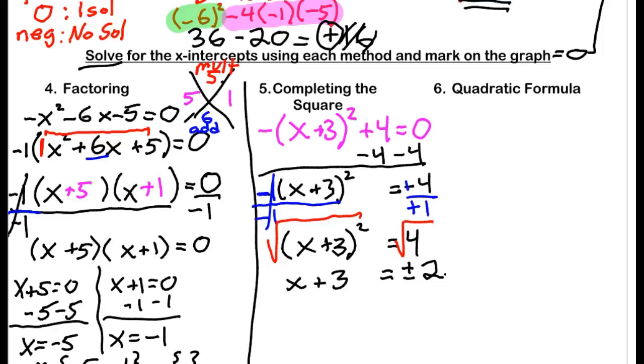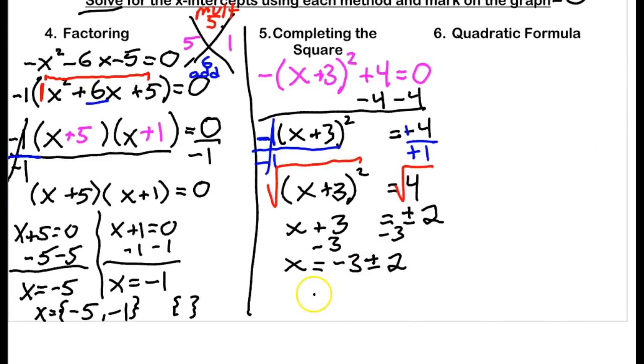Make sure you got the plus or minus part in there. That's key. And then we can subtract 3 on both sides. So our answers are -3 plus 2 and -3 minus 2. So we get an answer of -3 minus 2 is -5.